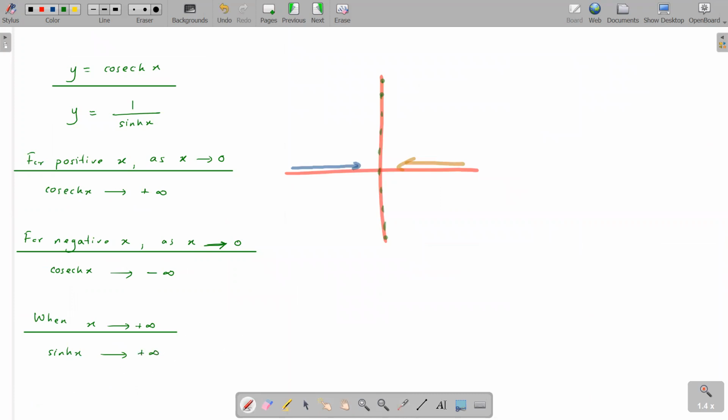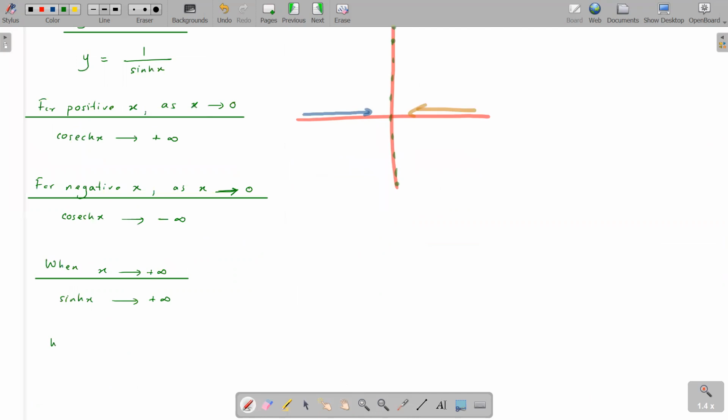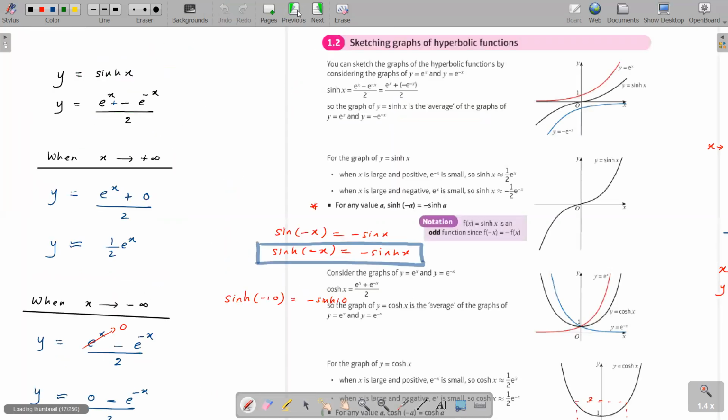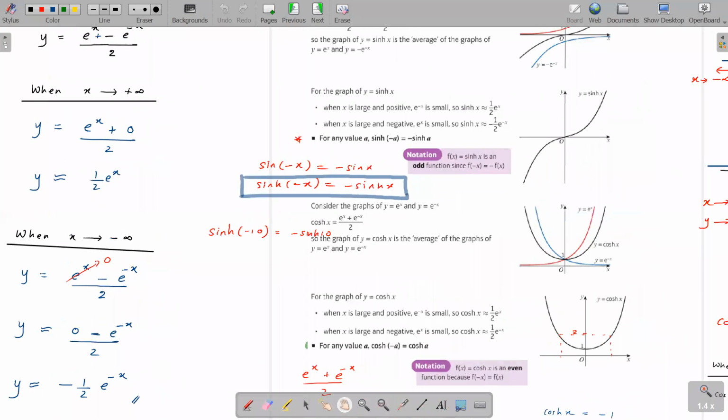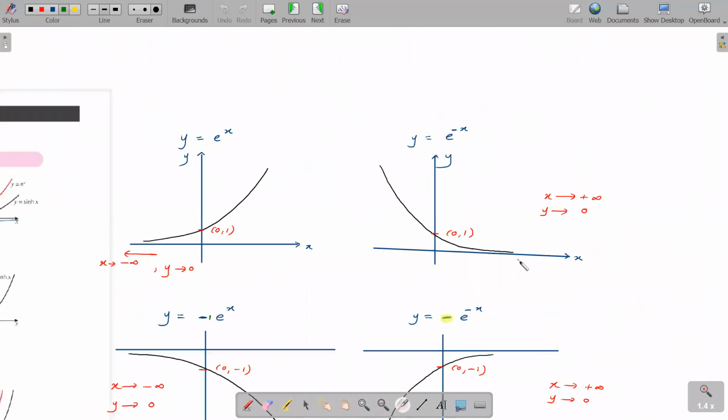And when x approaches negative infinity, sinh x is going to be, when x approaches negative infinity, you can see we have sinh x as minus half e to the power minus x. There's a minus mark. Okay, but e to the power minus x graph, guys, I showed it earlier also, right? e to the power minus x is this graph over here.